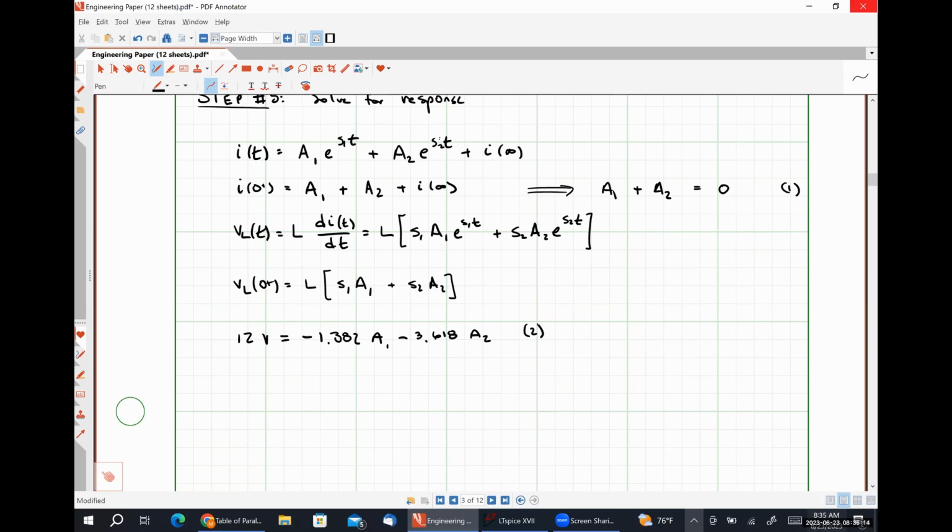And so now I'm just going to solve this system, which is part of the reason why I stored things in my calculator. So going to my system solver, I have a 2x2 system. The coefficient for A1 in my first equation is +1. The coefficient for A2 in my first equation is +1, and my constant term is 0. In my second equation, my coefficient for A1 is negative 1.382. My coefficient for A2 in my second equation is negative 3.618.